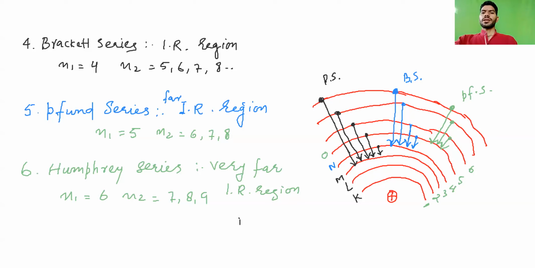This one I can show with the yellow dot here. That means the electron will jump into this N6. So these two yellow lines which I have shown are your Humphreys series. They will be observed in the very far infrared region.